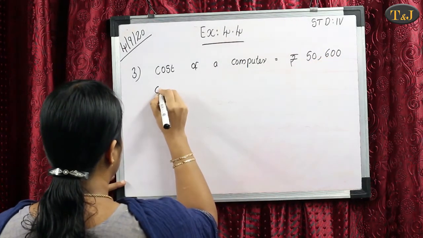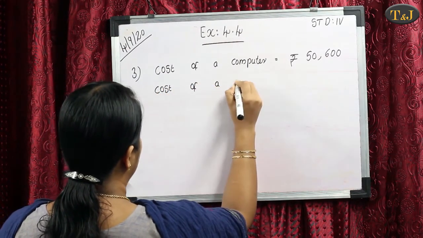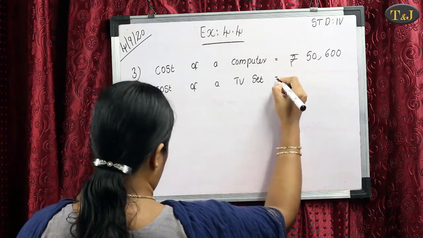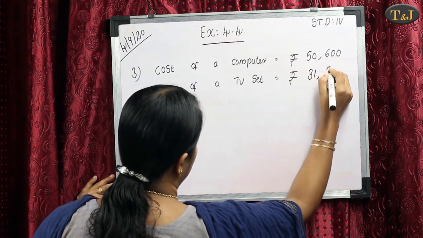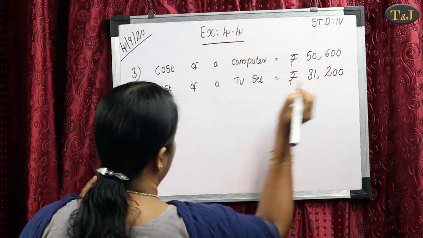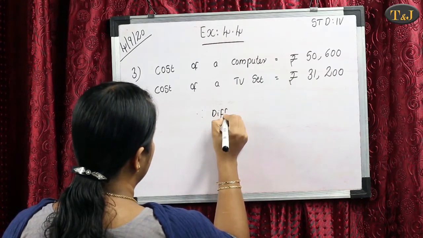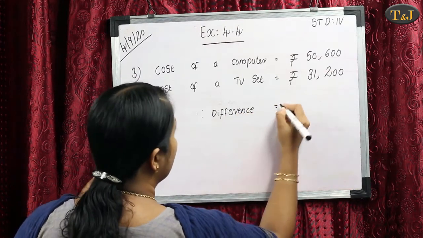Next we write the cost of a TV set. Cost of a TV set equals rupees 31,200. Next we want to find their difference. We know that difference means minus.